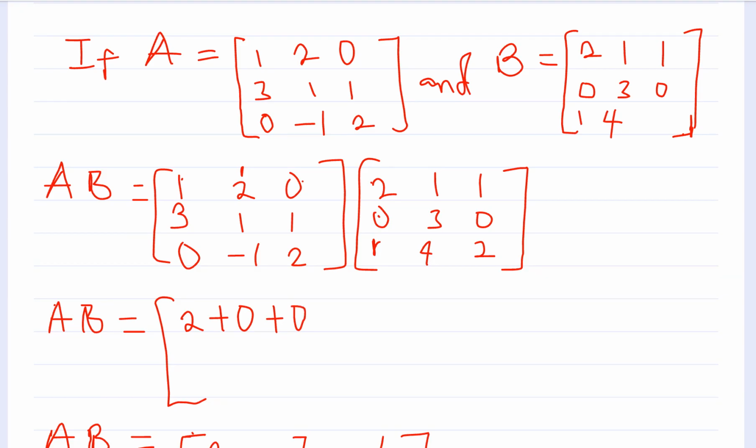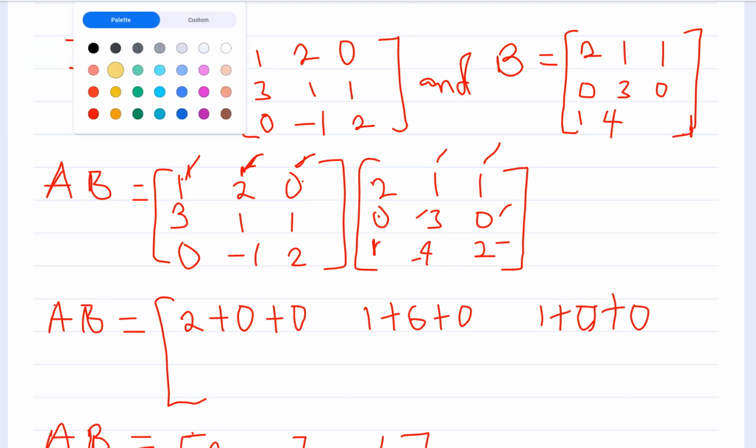Then 1 multiplied by 1, 1, 2 multiplied by 3, 6, 0 multiplied by 4, 0. Are you getting that now? Then we go again. 1 multiplied by 1, 1, 2 multiplied by 0, 0, 0 multiplied by 2, 0. Do you understand that now? So that is the first part.